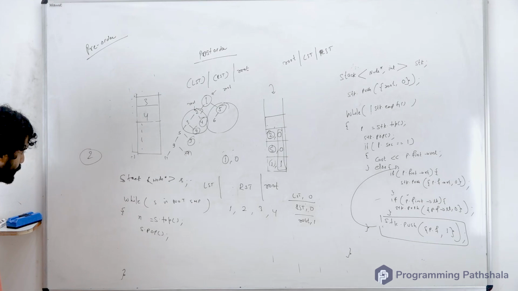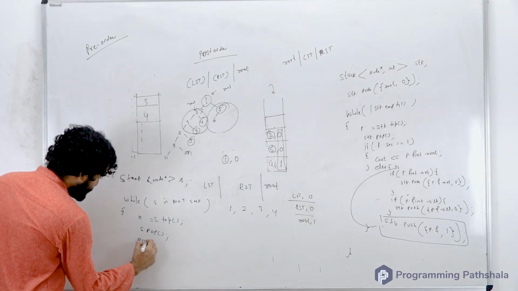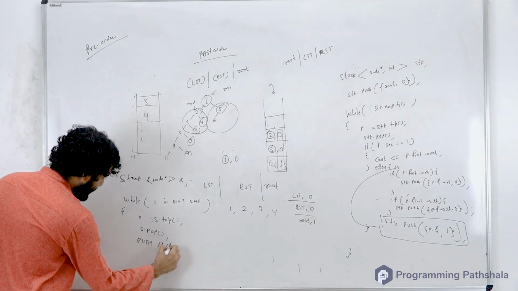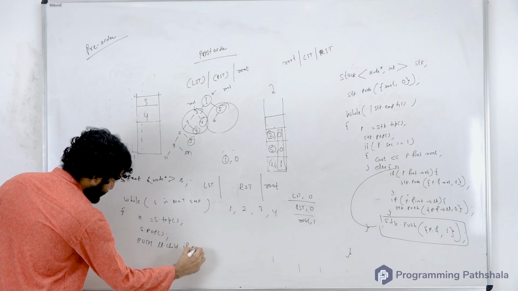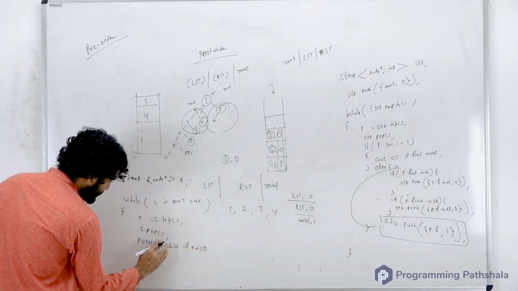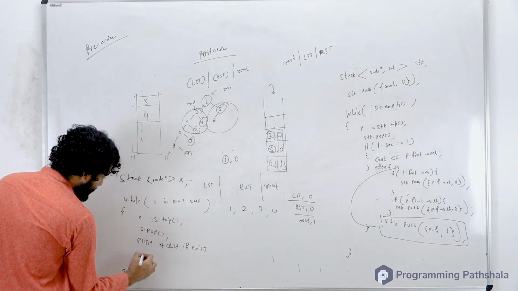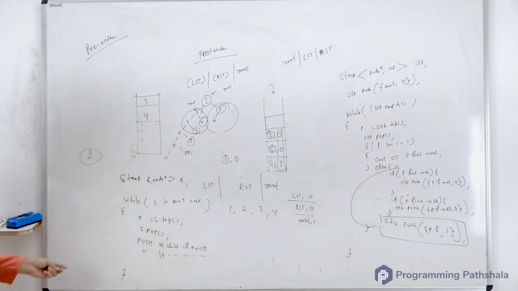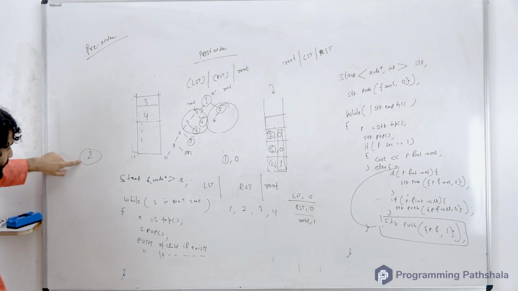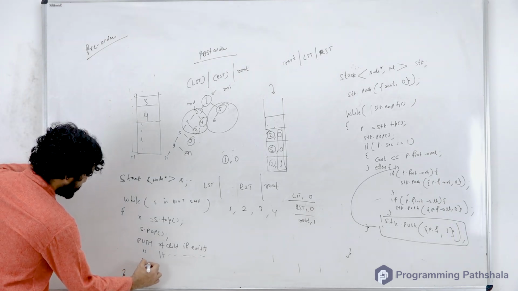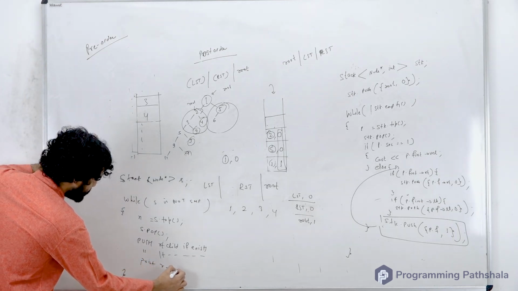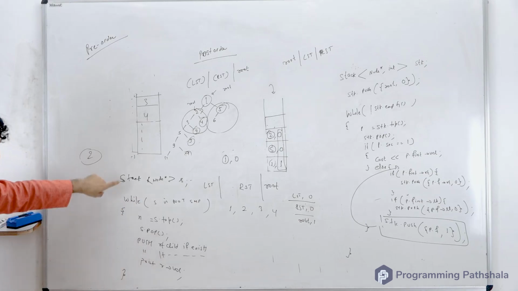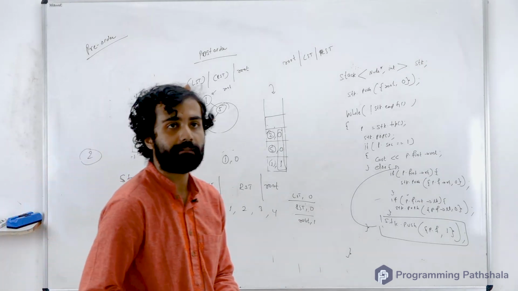Then push the right child if it exists, and then push the left child if it exists. Why push it again? Because it will be printed. So simply print that root value. That's it. This can go on, and your preorder traversal would be done.